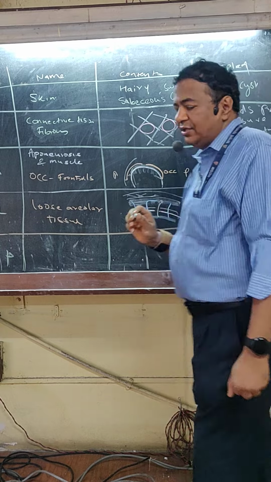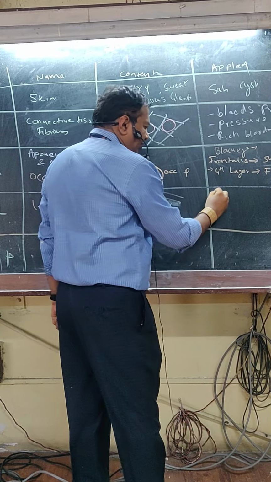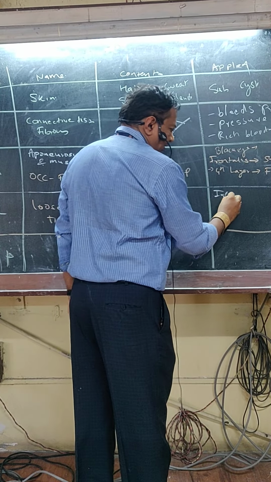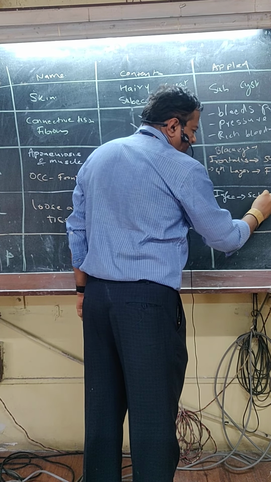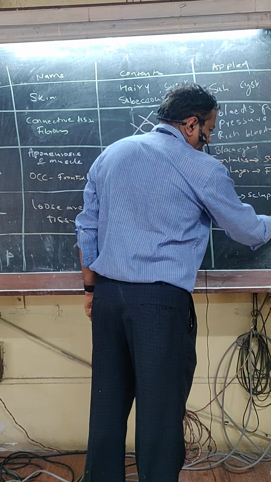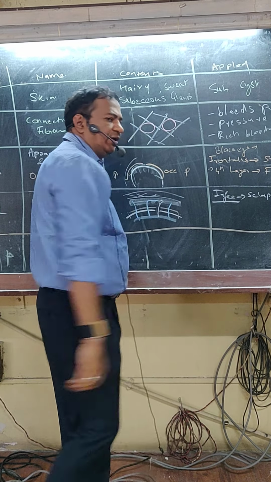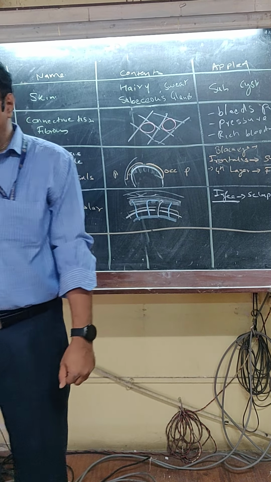So one thing in the applied anatomy, the first thing you have to write is infection. This is a dangerous area because infection passes from the scalp to the skull because of emissary veins. This is the first. This is the dangerous area layer of the skull.